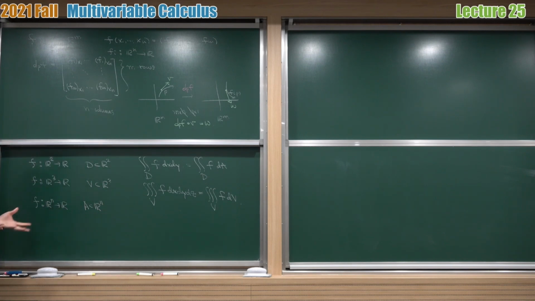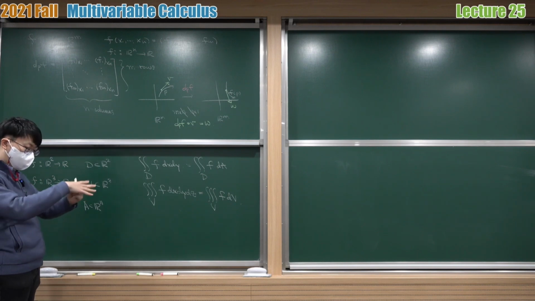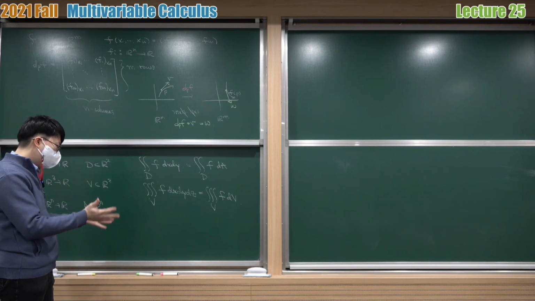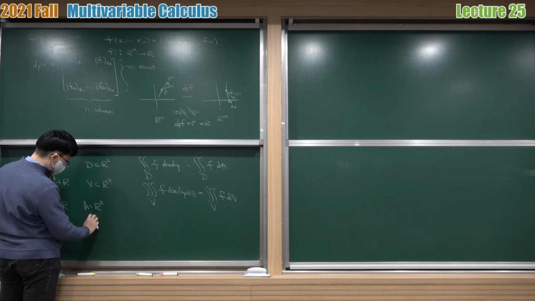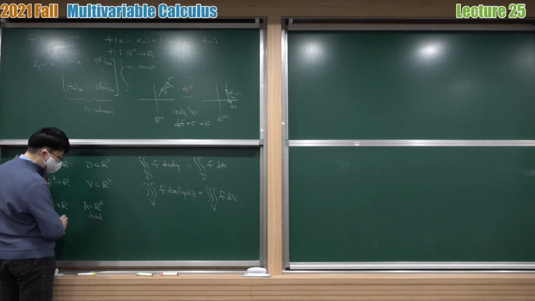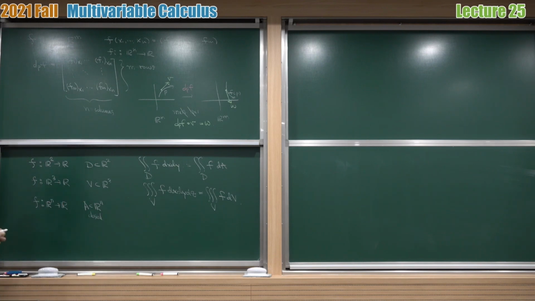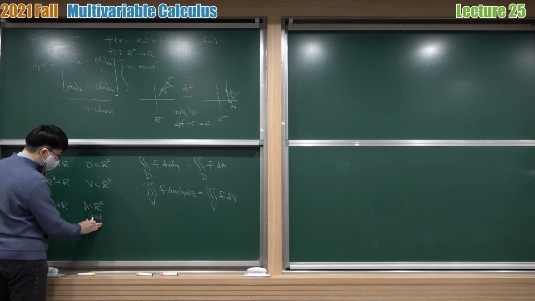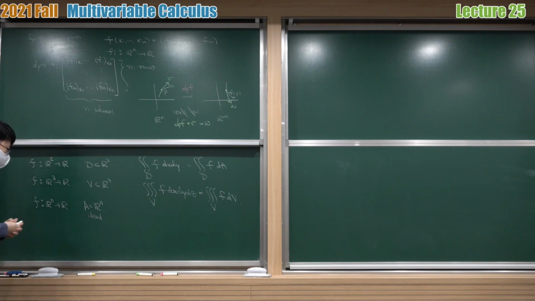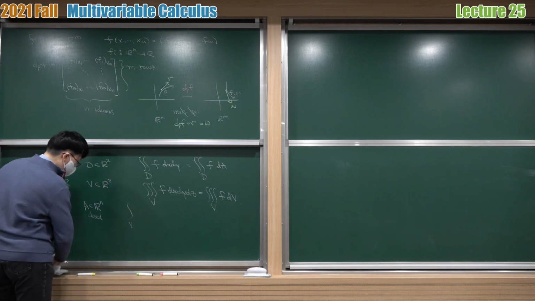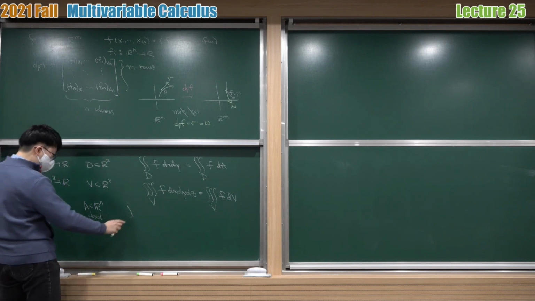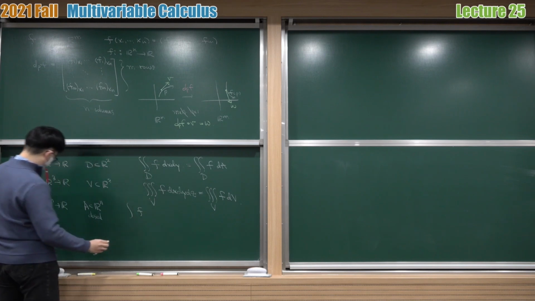It corresponds to some object that I can integrate over. So maybe I should say it's a closed subset. This is a topological concept, so I'm not going to define it in detail. But anyway, I can also define the integration of the n-dimensional function, or a function like this one.